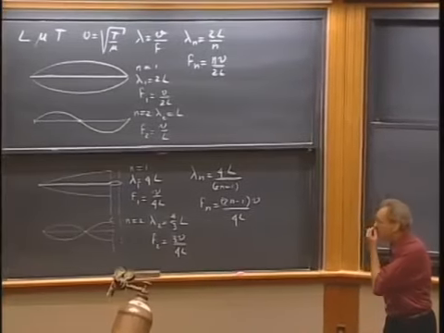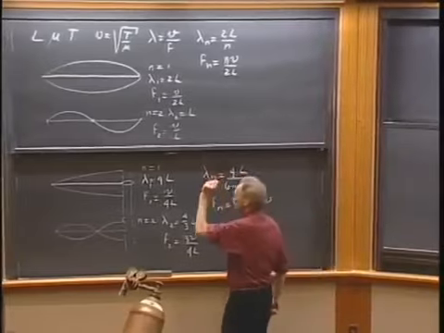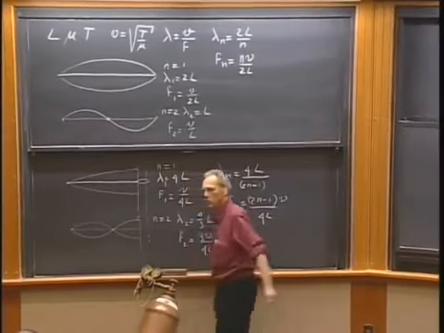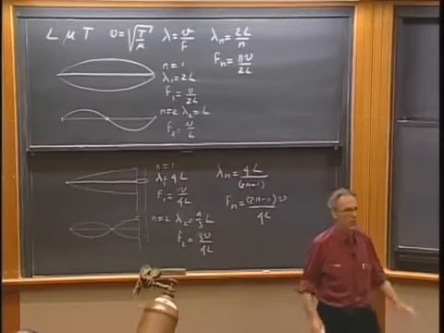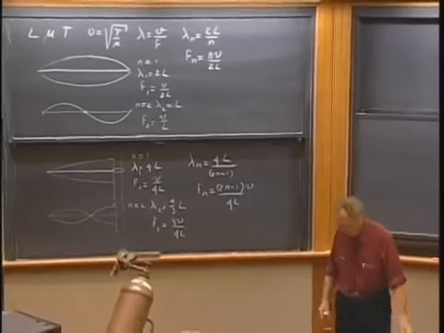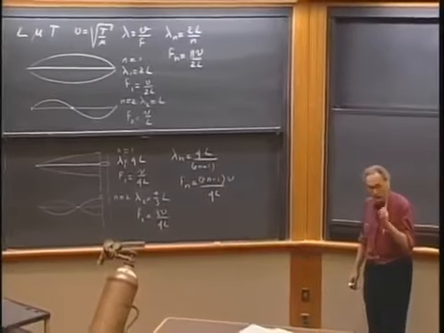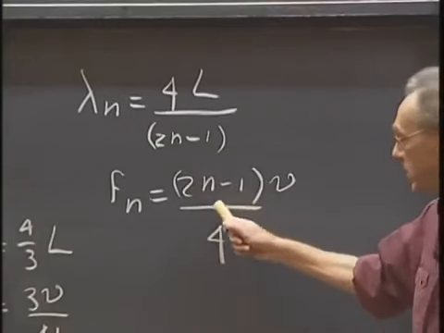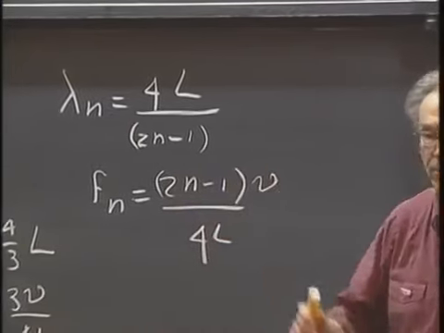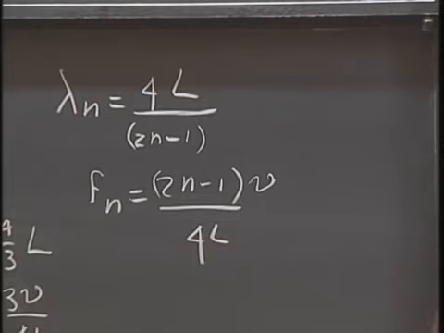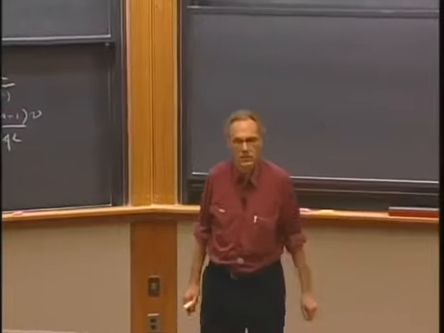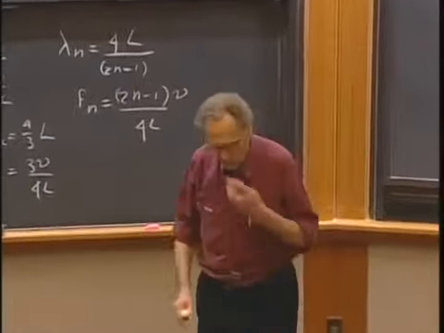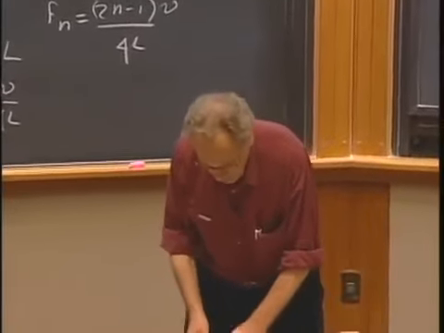So for instance, if that were 100 Hertz, with the same length here, you would get 50 Hertz, if all other things are the same. And then the second harmonic would be 150 Hertz, because if n becomes 1, you get a 3 upstairs. If n becomes 2, you get a 5 upstairs. So now the ratio is 1, 3, 5, 7, whereas there the ratio is 1, 2, 3, 4, etc.